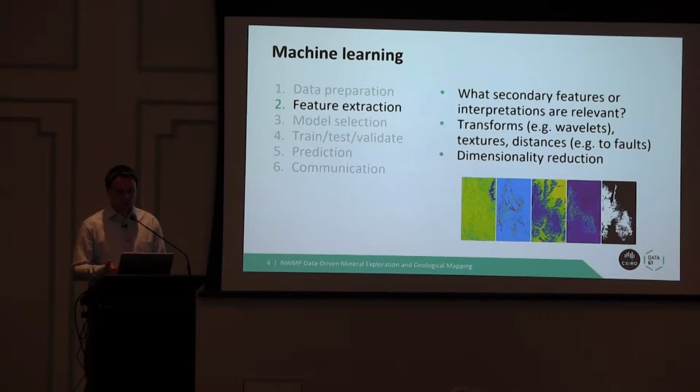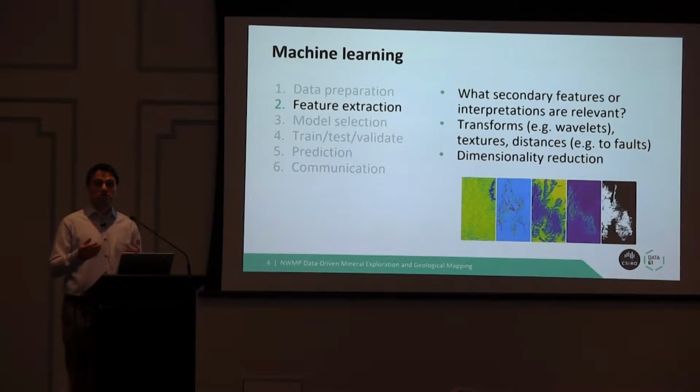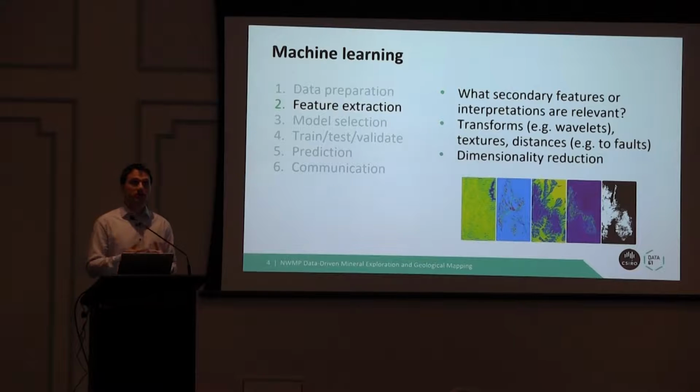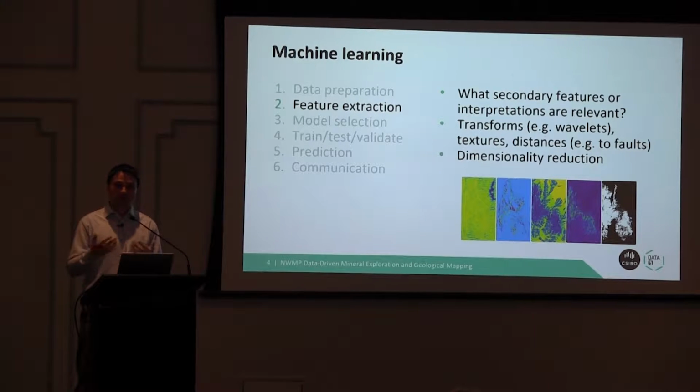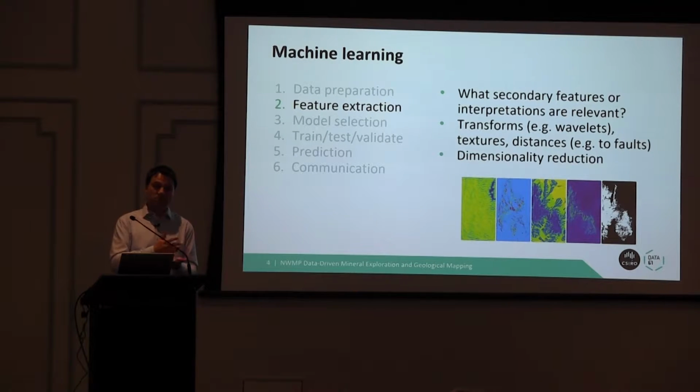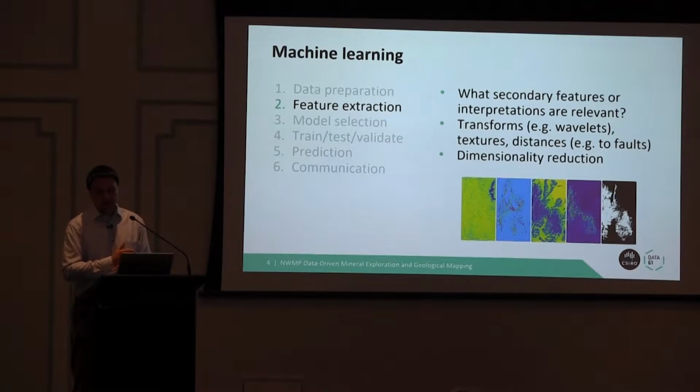What we do afterwards is what we call feature extraction. So that is generating some additional layers based on the raw data or the covariate data. You can imagine creating derivatives out of the geophysics, so first vertical derivative, or mapping automatically the structures that can be detected by algorithms in the data, and then creating distances to these structures.